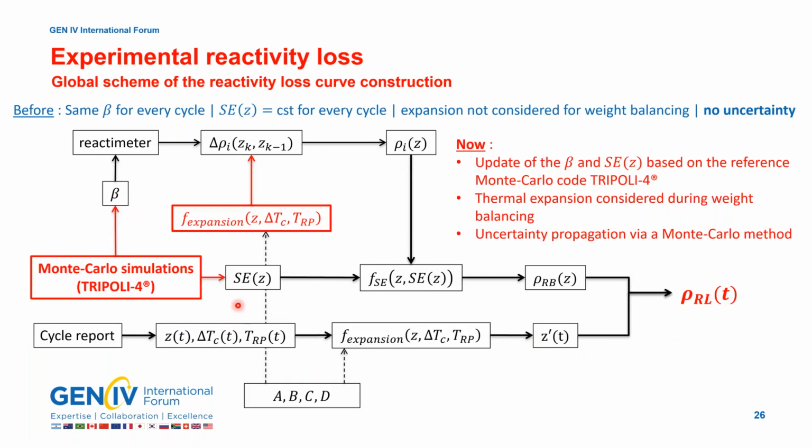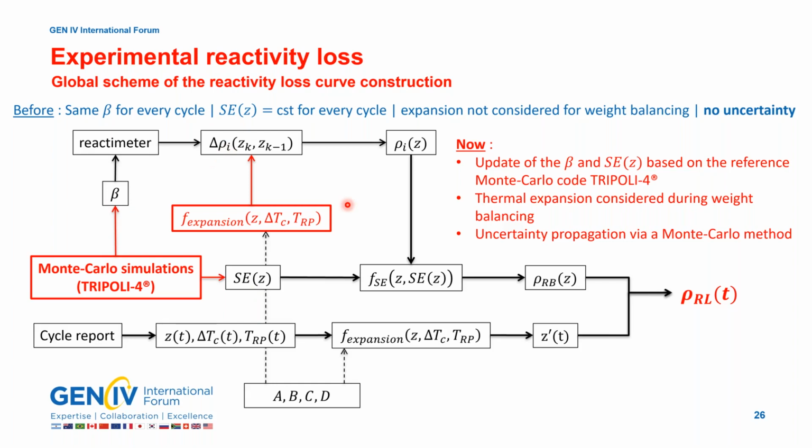So what we have done during this work is to update the different values considered as constant. We have updated with modern reference tools the beta and the shadow effect coefficient, and we have introduced the thermal expansion during weight balancing.